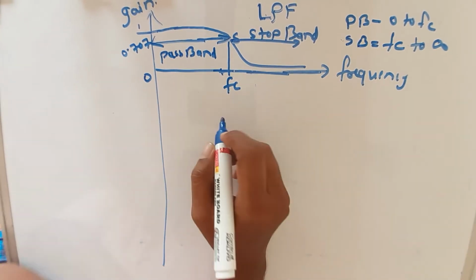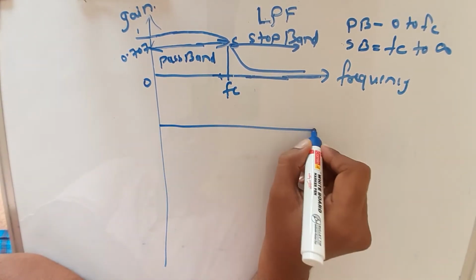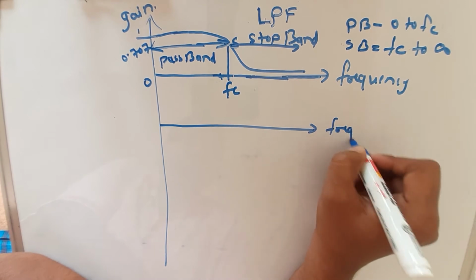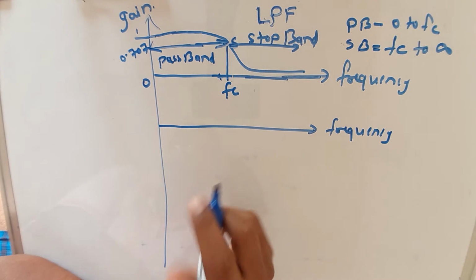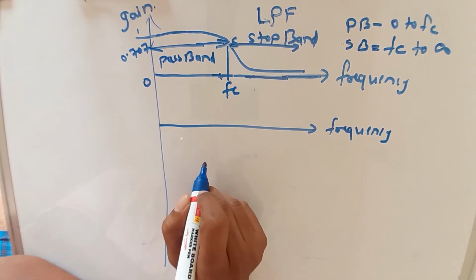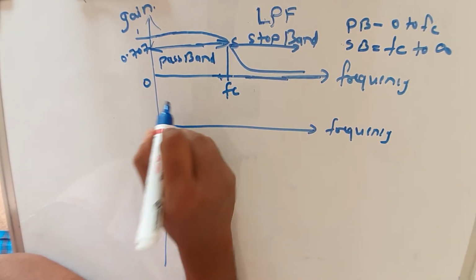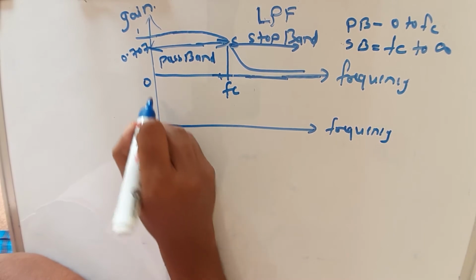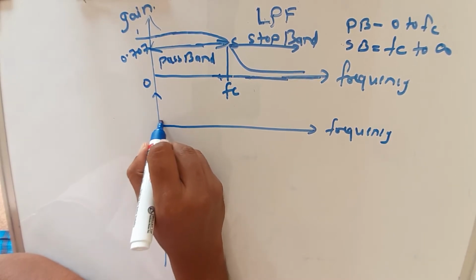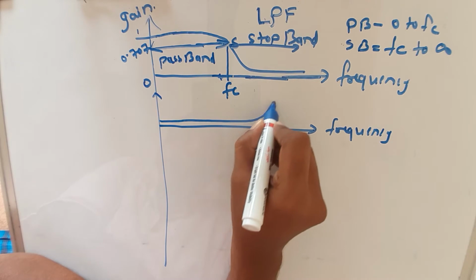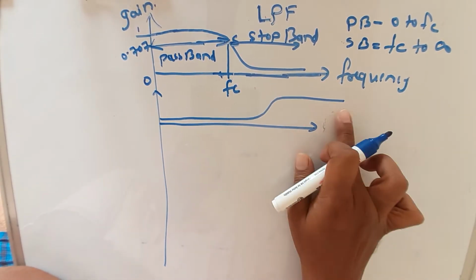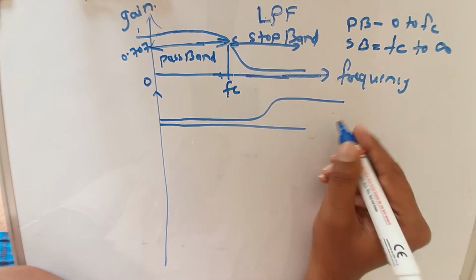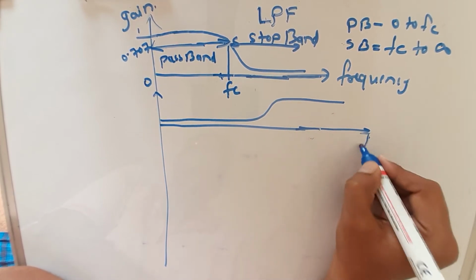Now we'll go for the next. This is frequency. Now we'll go for the high pass filters. This is the response, frequency.